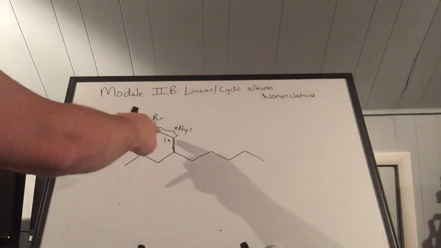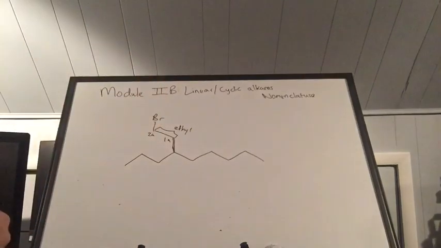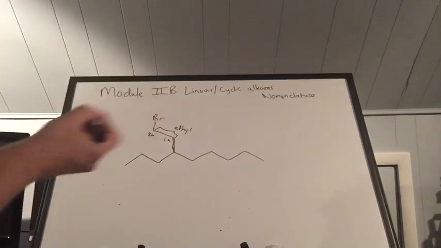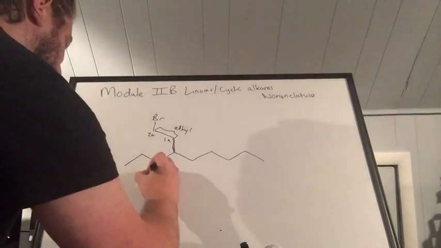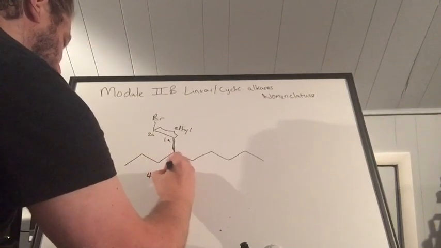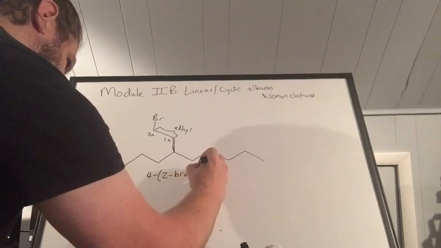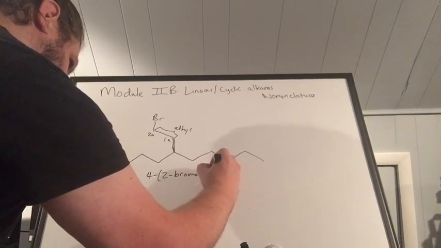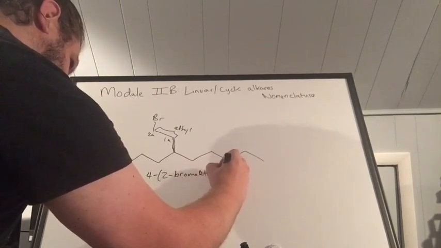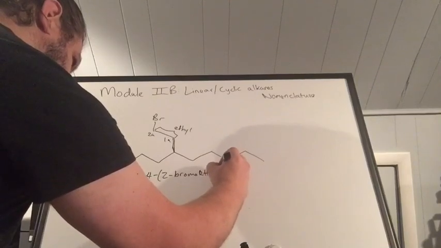So it's going to be 2-bromoethyl. So how I would write that is 4-2-bromoethyl, all one word, nonane.